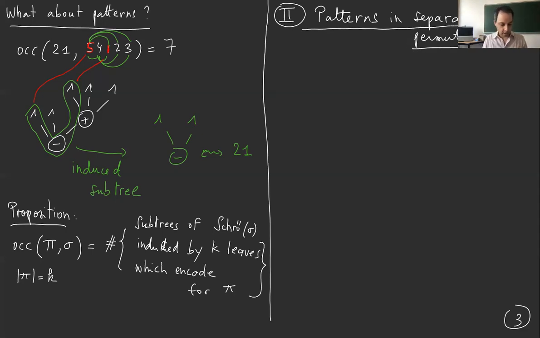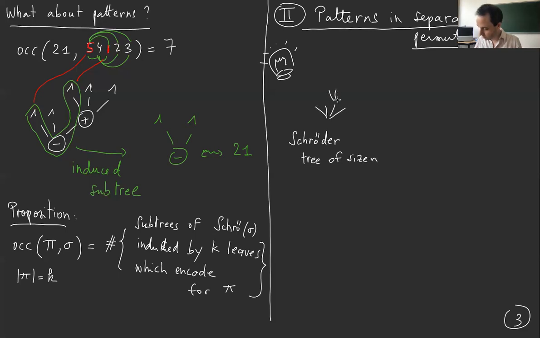Okay. So basically, at a very high level, the point is that if n is finite, you have a Schroeder tree of size n, with decorations, minus, plus, and so on.